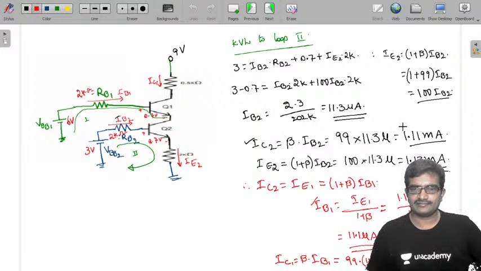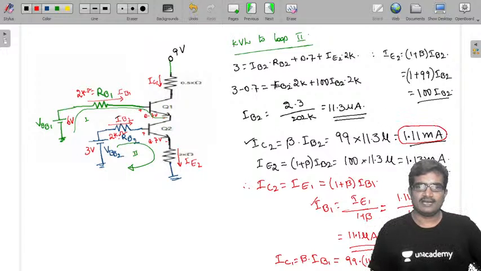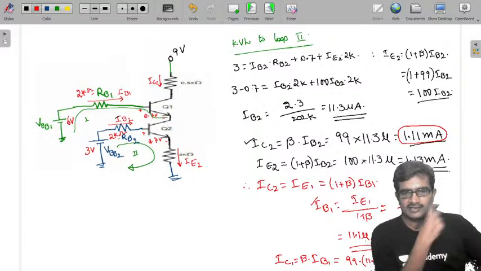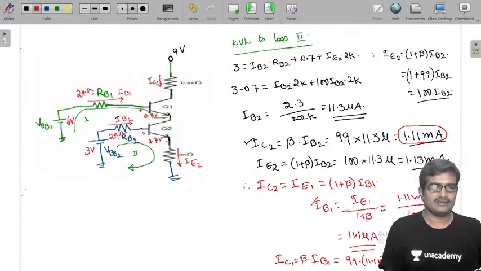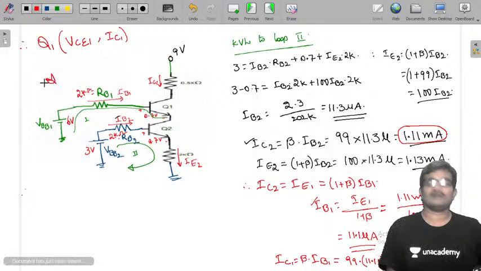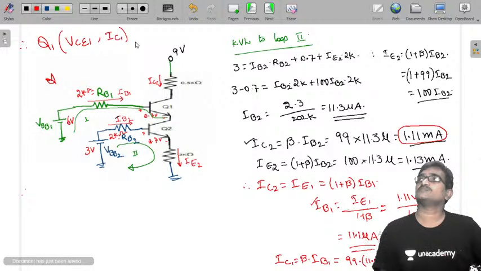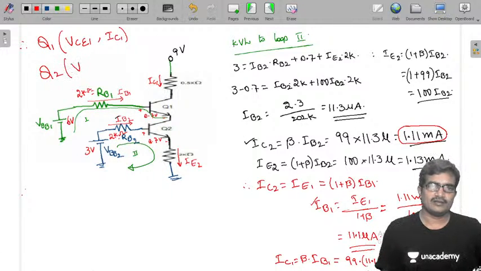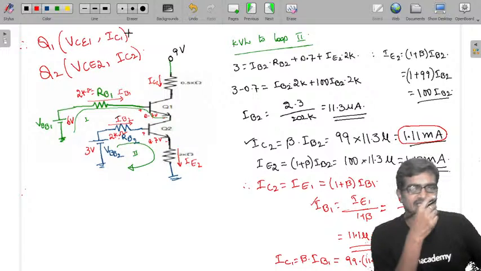So IC2 and IC1 are also done. Therefore the operating point of the first transistor Q1 is VCE1 comma IC1, and the operating point of Q2 is VCE2 comma IC2.